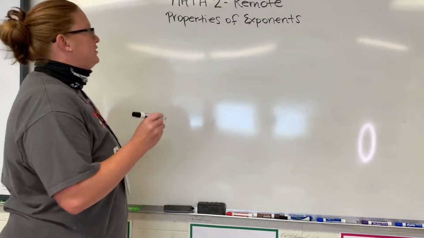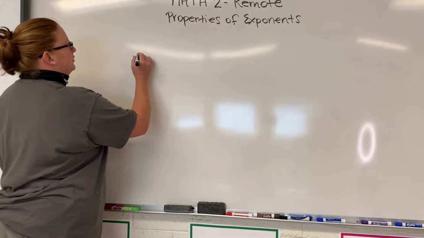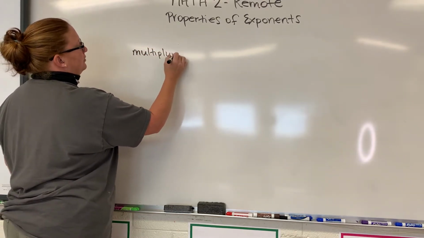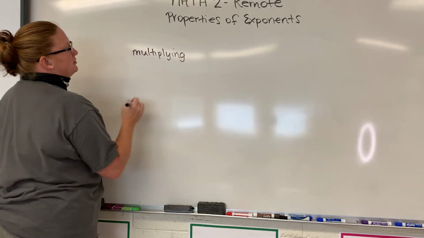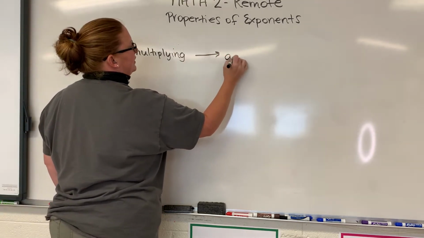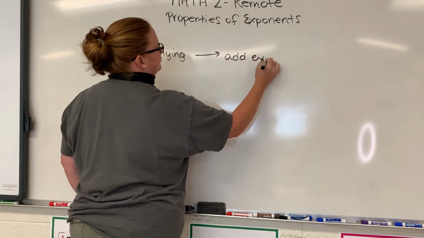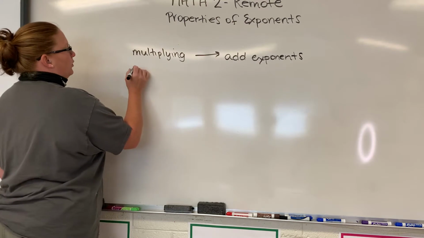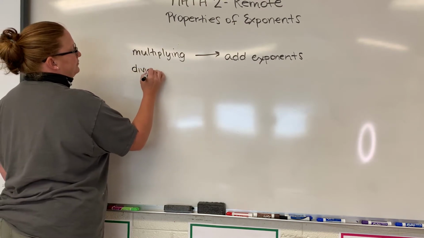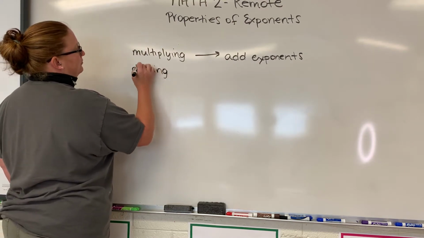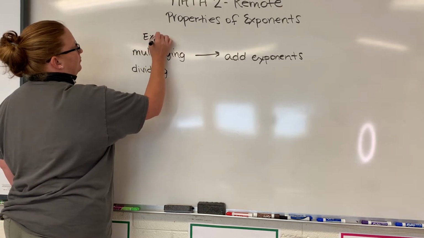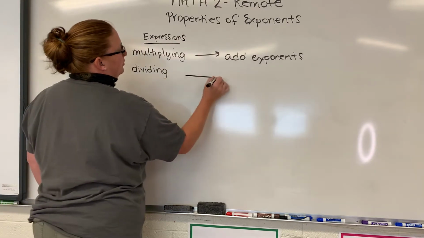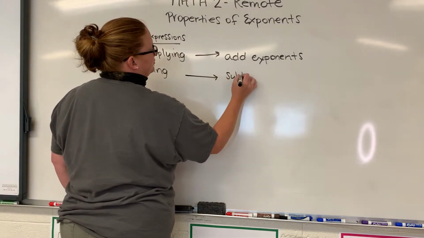So our properties of exponents: when we're multiplying expressions, we're going to add the exponents. When we are dividing expressions, we're going to subtract exponents.